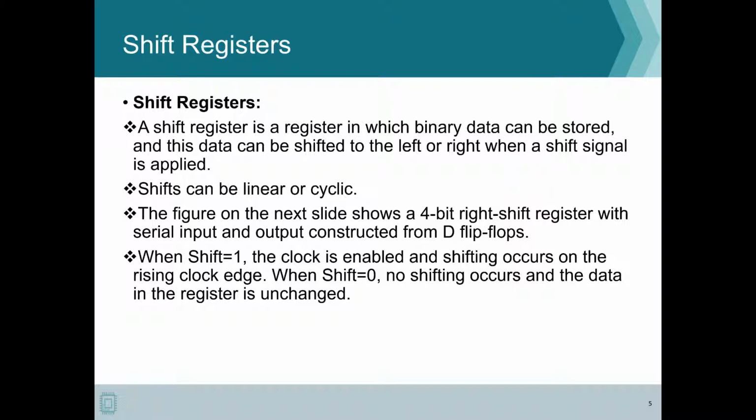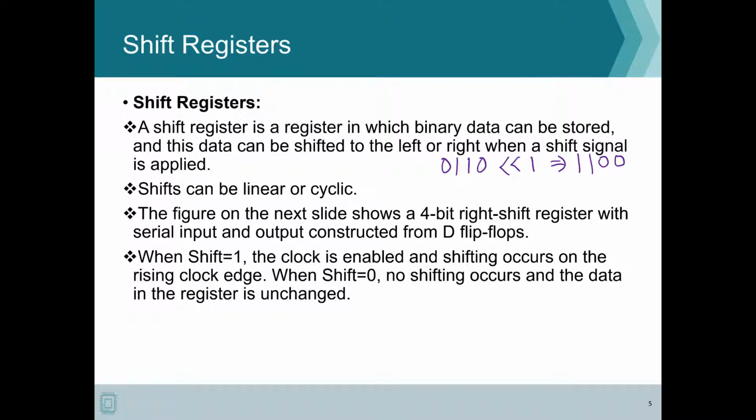So for example, if we have a value which is 0, 1, 1, 0, and we do a left shift of 1, then the data becomes 1, 1, 0, 0, because we assume that we're going to shift it left, and we're going to stuff zeros on the right.